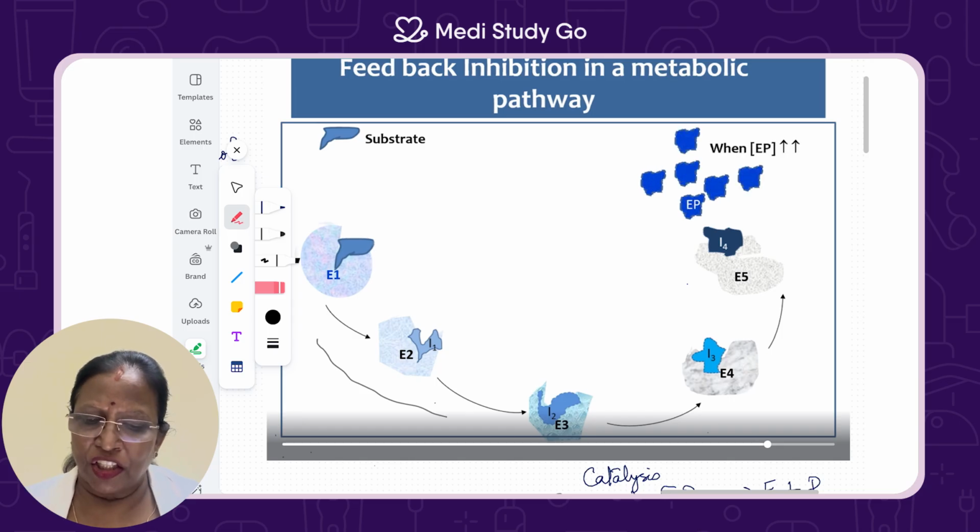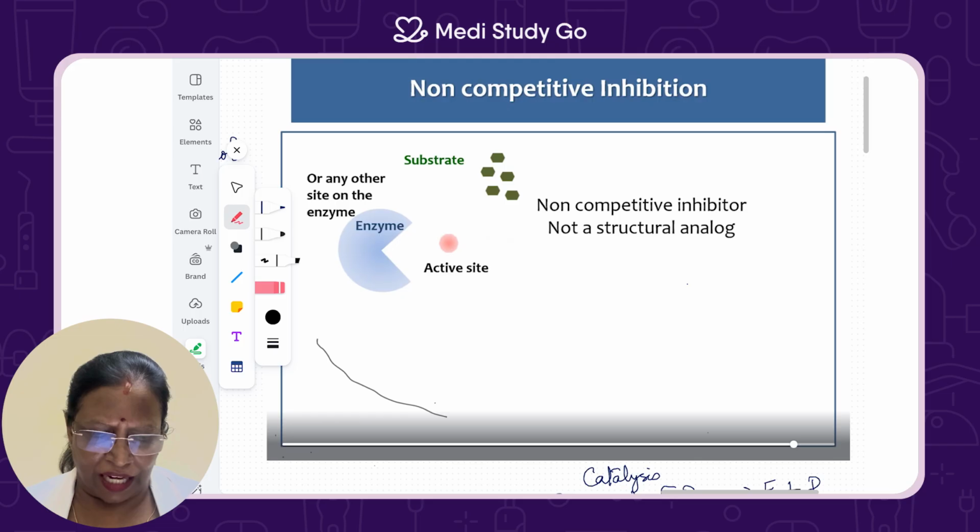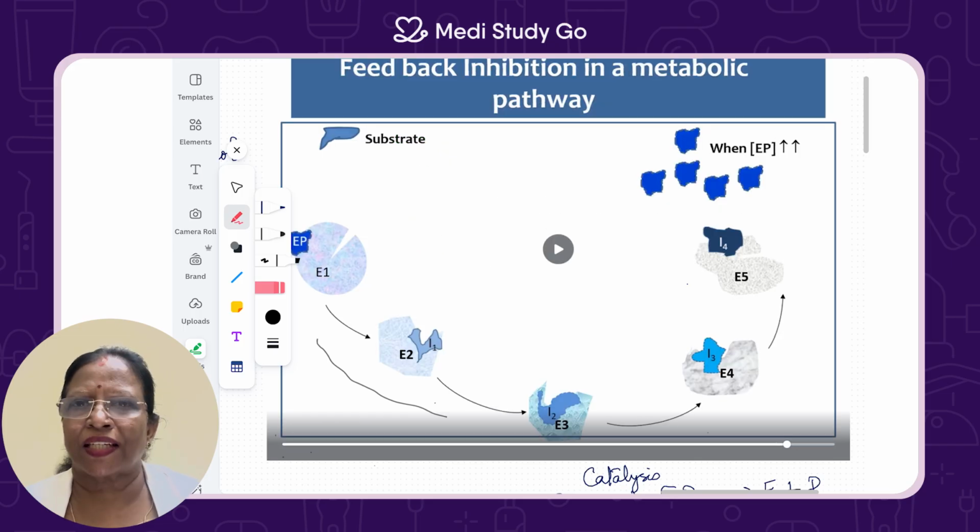When the concentration of the end product increases, it goes and binds to the enzyme and changes the active site of the enzyme so that it can no longer bind to the substrate. Therefore, the activity of the enzyme will come down. How long does it stay down? Till the concentration of the end product inside the cell becomes less.